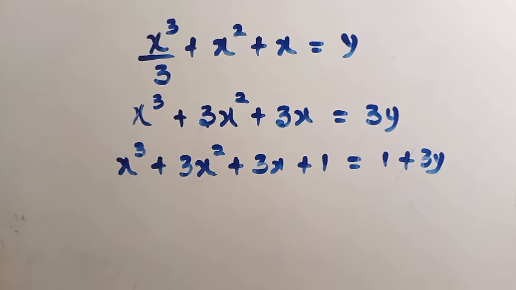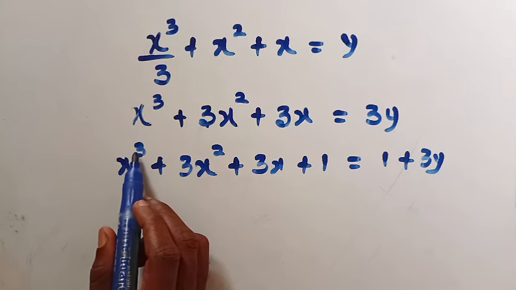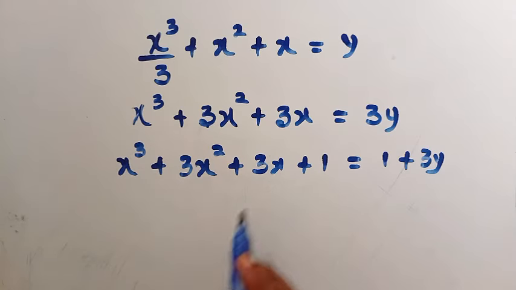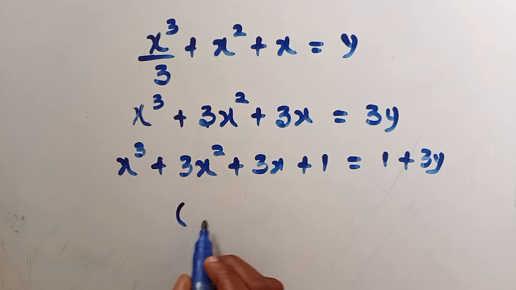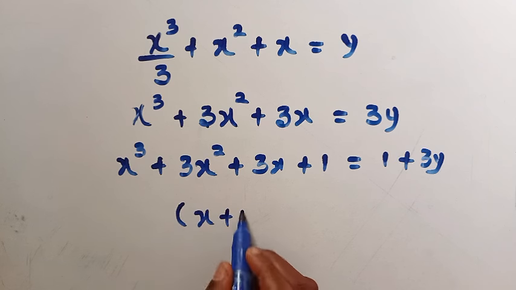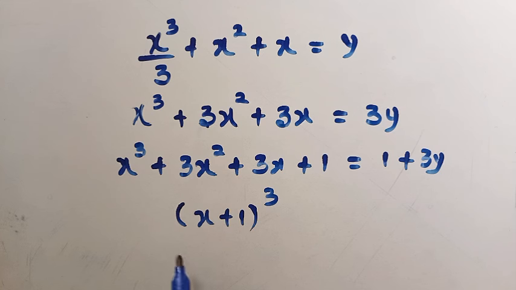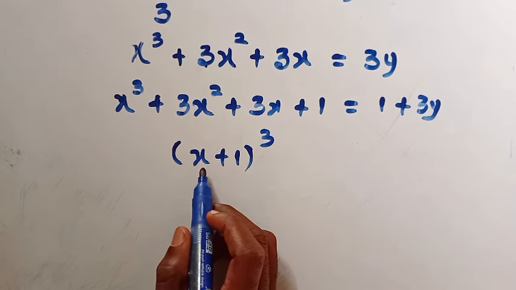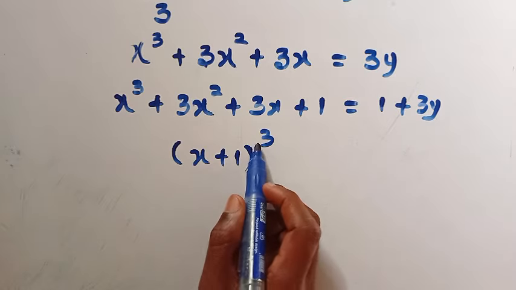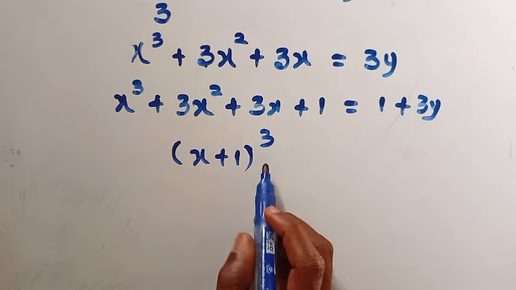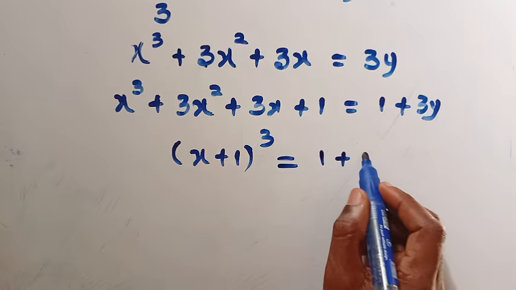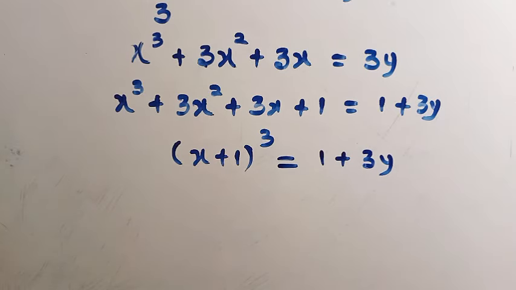And there is a reason for this. If you consider x cubed plus 3x squared plus 3x plus 1, this is just x plus 1 raised to power of 3. By applying the Pascal triangle coefficients for x plus 1 cubed, we get the whole of this. Then this equals 1 plus 3y.